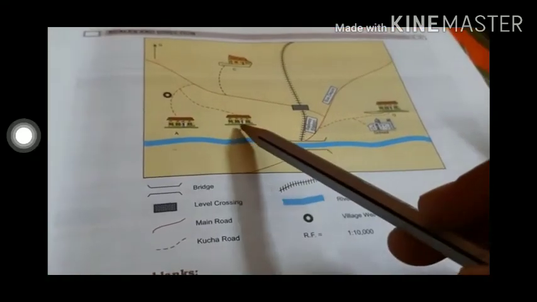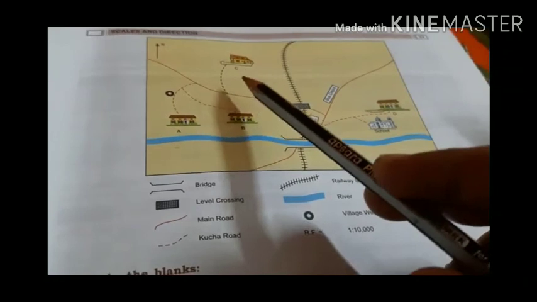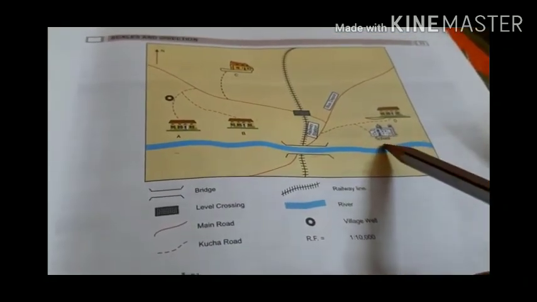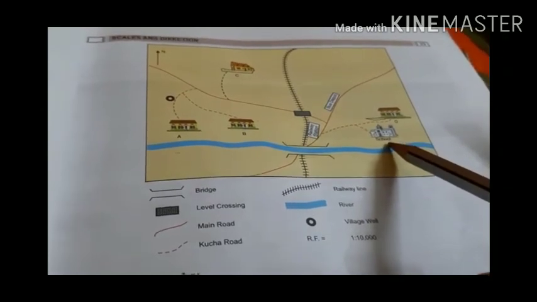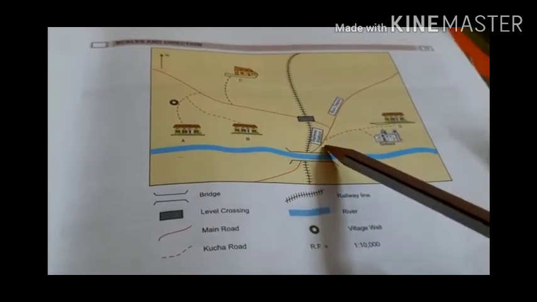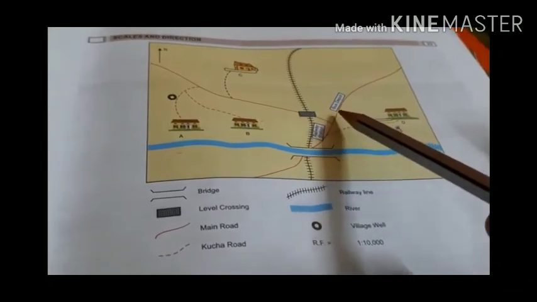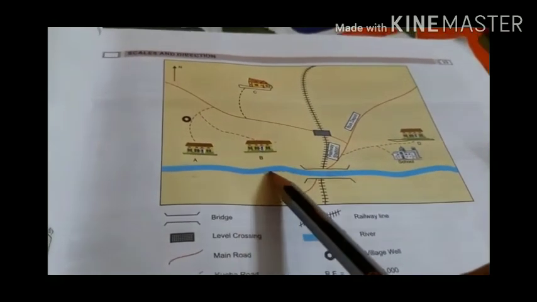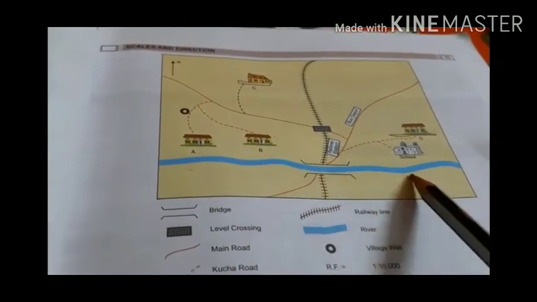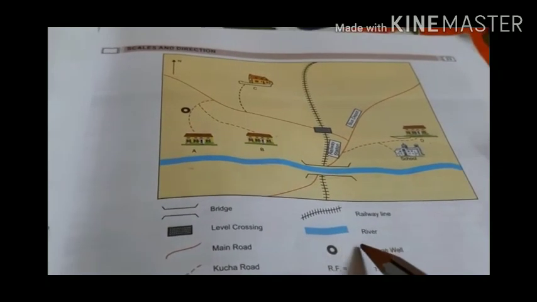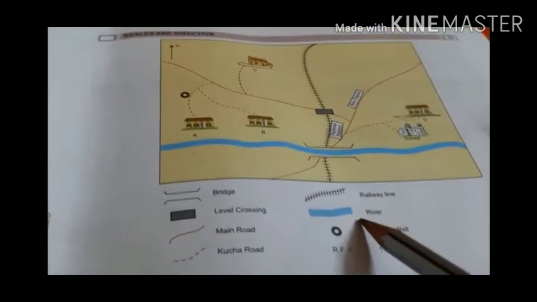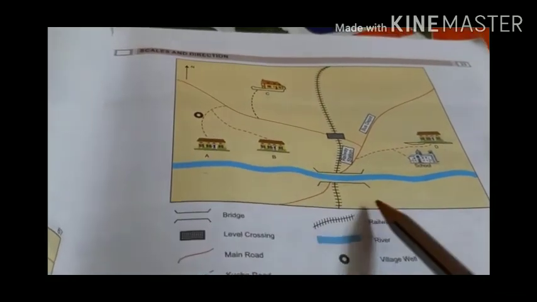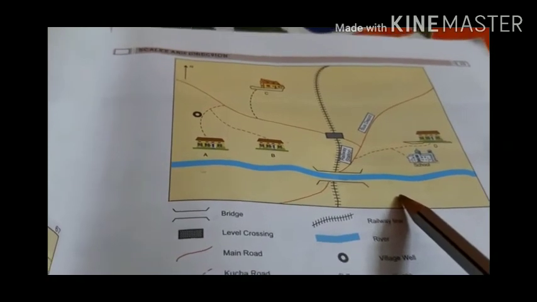Can you see in this map? Small houses, then buildings, schools, railway station, bus depot, and the blue line. See in the picture the blue line. The symbol is blue, it is a river. The river is given flowing.